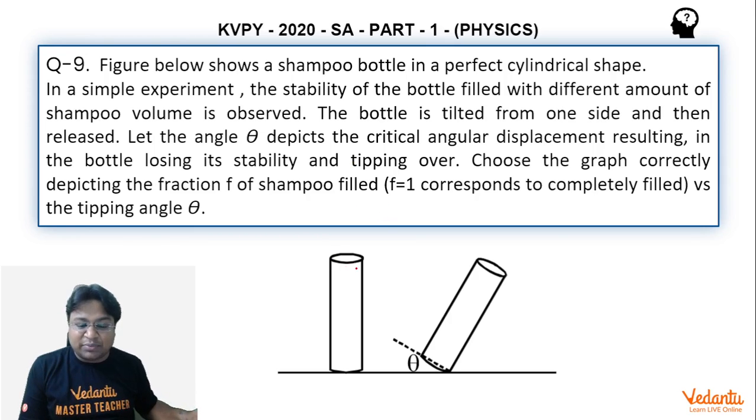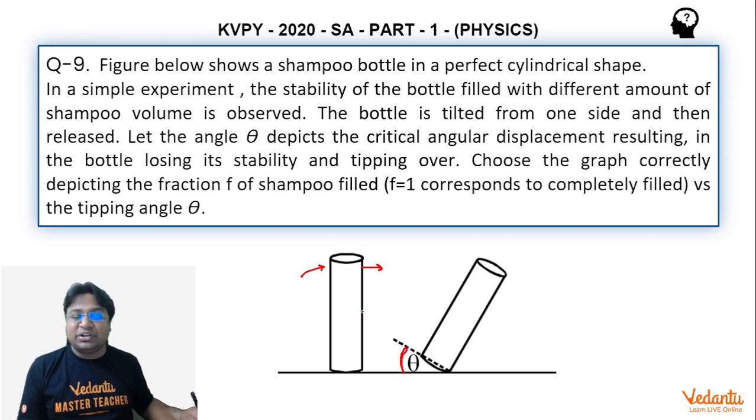So let's say this is the bottle and it is filled with some amount of shampoo. We start tilting this bottle and we keep on tilting until it gets to a stage where it is about to topple. And when that happens, we record the angle and we are saying that that angle is theta. So theta is the angle at which the bottle is just about to topple.